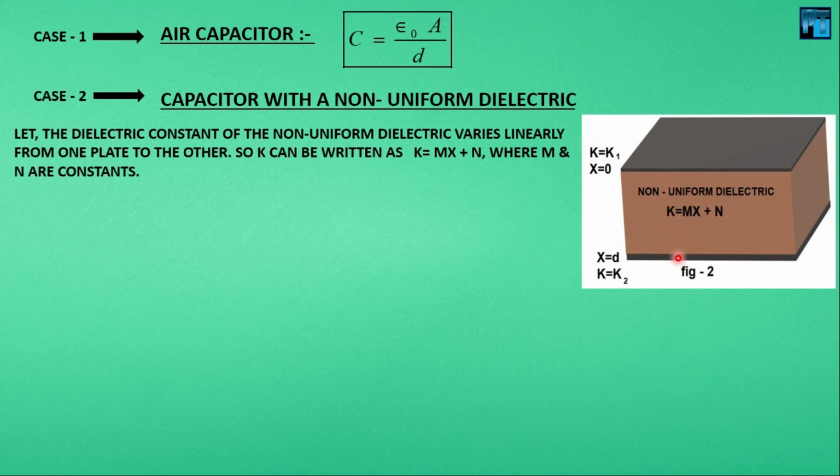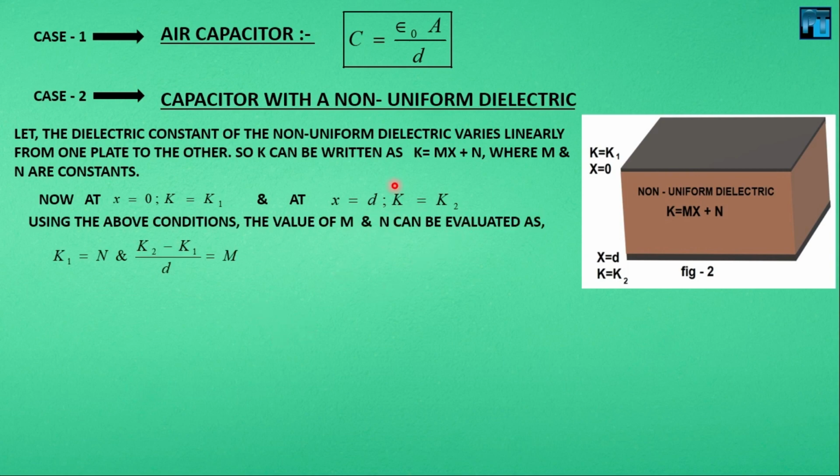See, everything is the same, only the dielectric has been changed from uniform to non-uniform. Okay, so our boundary conditions are: at x equals 0, K equals K1, and at x equals d, K equals K2. Putting these boundary conditions in K equals mx plus n, we get K1 equal to n and (K2 minus K1) by d equals m.